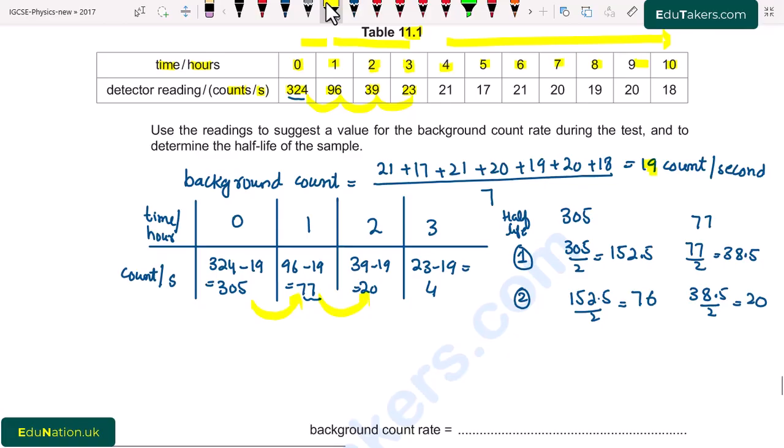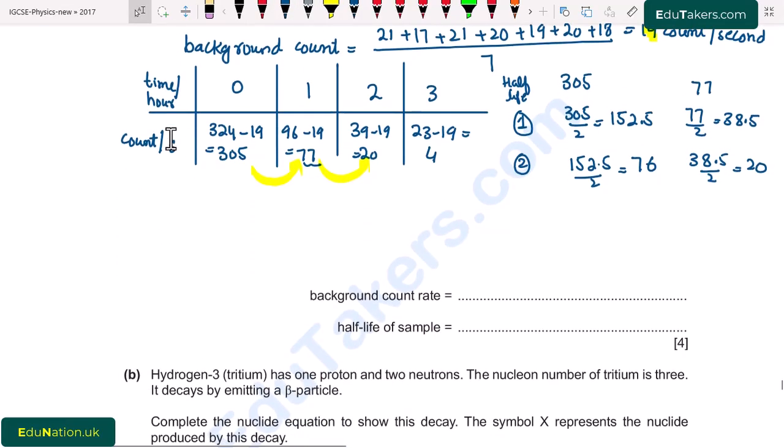So I write here 2 half-lives is equal to 1 hour, because here time is per hour. That's why 2 half-lives is equal to 1 hour. So we have to find out 1 half-life.